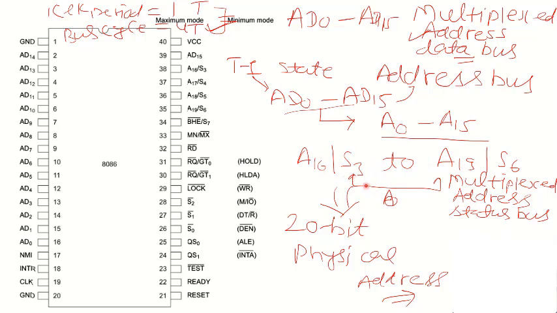Okay, so now the question arises: how is the latching of this address done? There is one more important signal, that is ALE, address latch enable. Through this ALE, the demultiplexing of the address and data bus is possible.